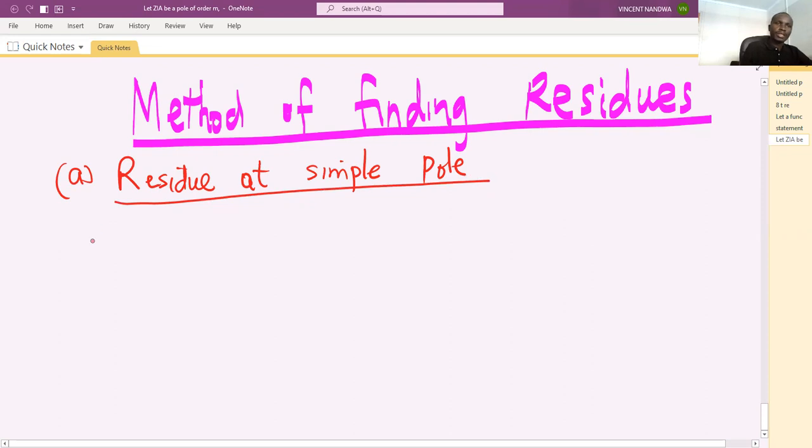So the first thing we want to discuss is residue at simple pole z equals a.